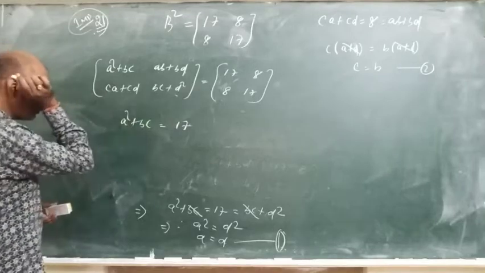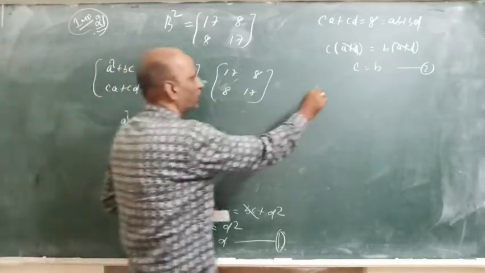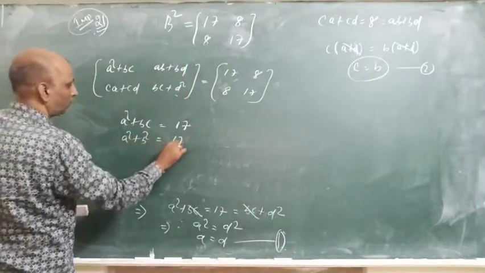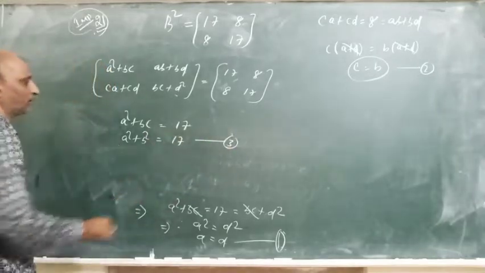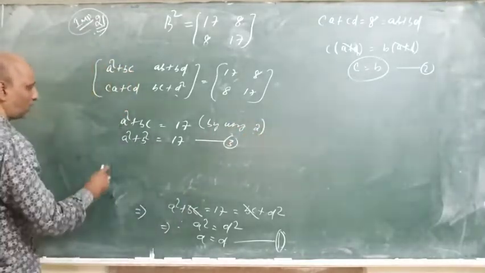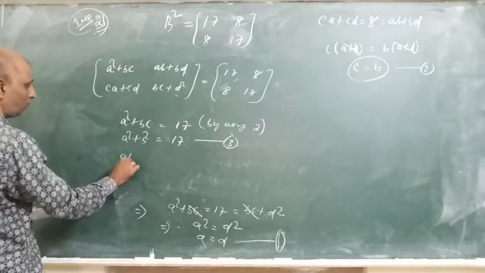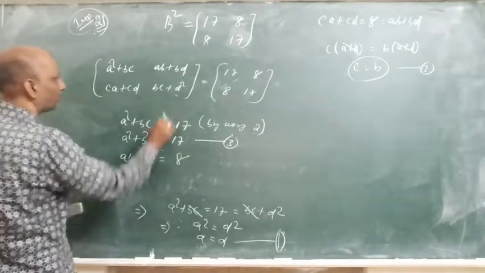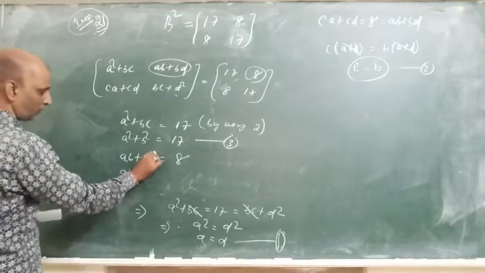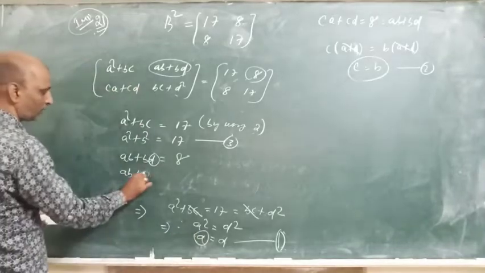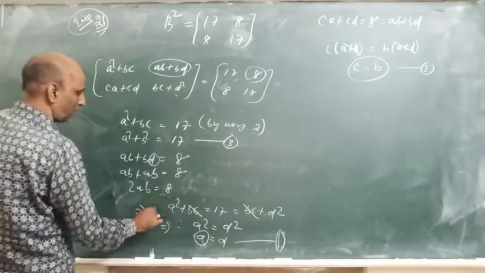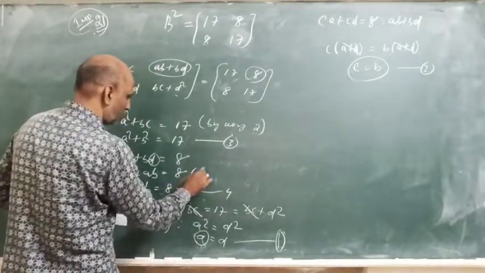Now instead of c, you can put b, so it will be a square plus b square is equal to 17, equation 3, by using equation 2. Similarly, this one, ab plus bd is equal to 8. Now instead of d, here you can put a, so 2ab is equal to 8, equation 4, by using equation 1.